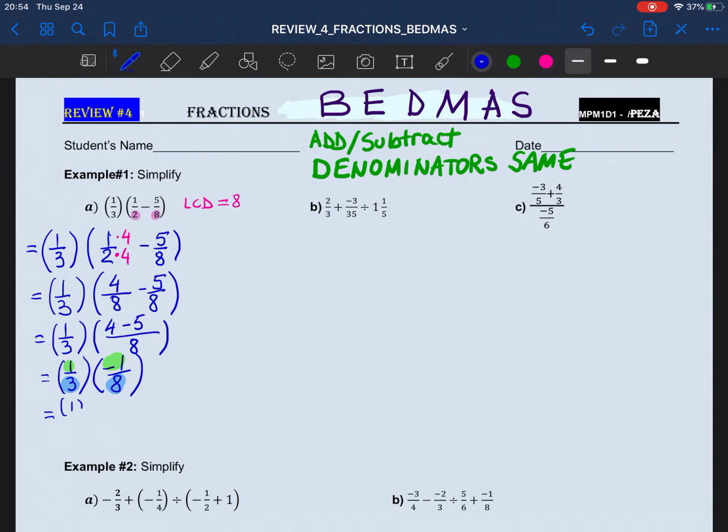So we're going to say this is 1 times negative 1 divided by 3 times 8, which in the end will give us negative 1 divided by 24. And this will be the final answer.